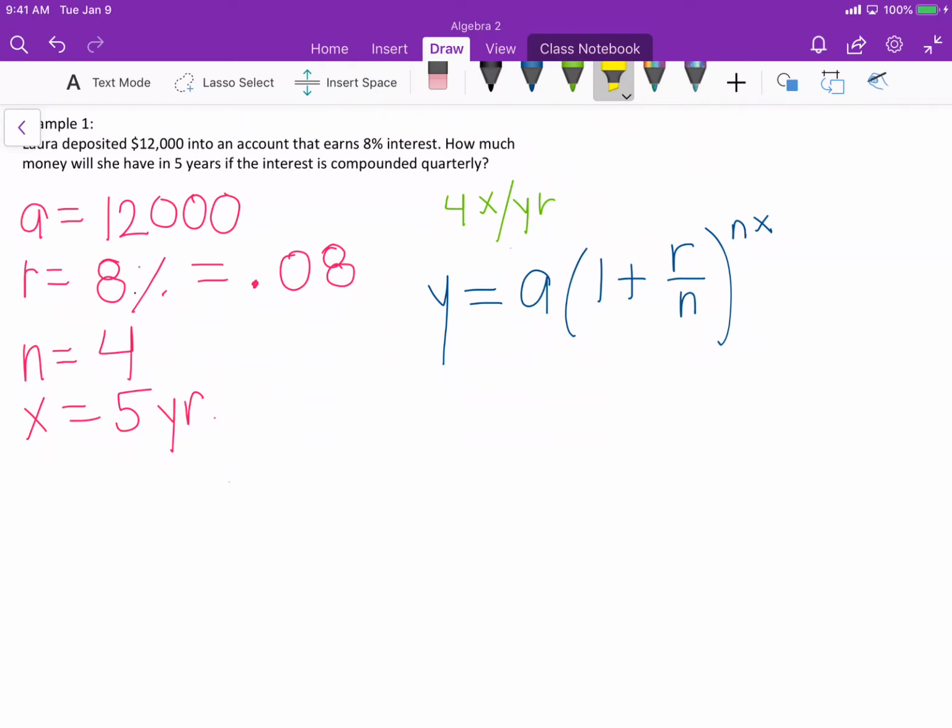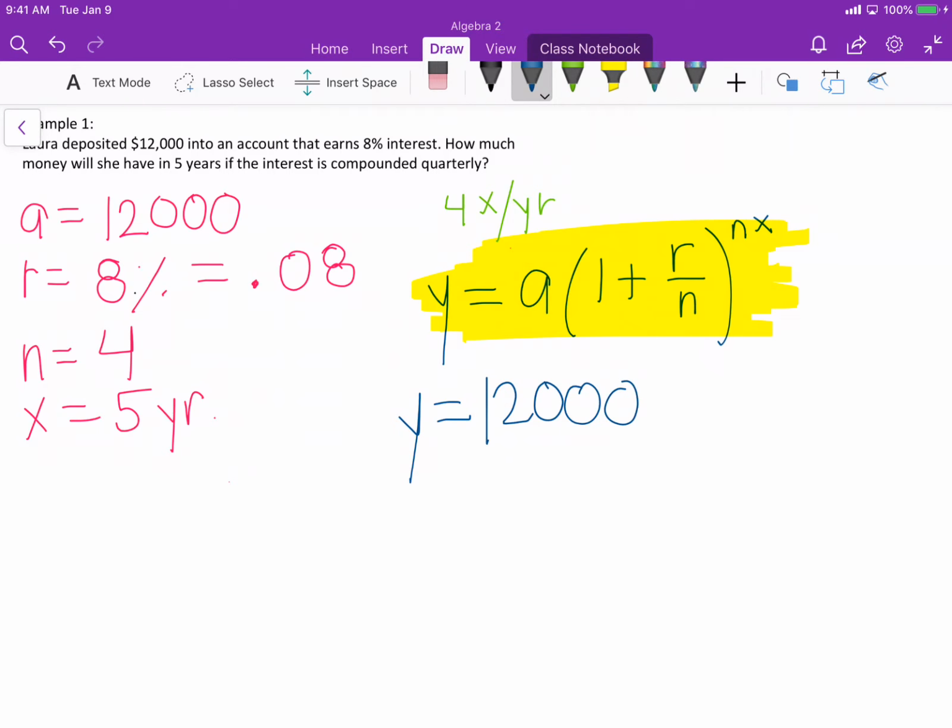As a reminder, when we are working with compound interest exponential equations, this is the formula we want to use. So now that we have identified our variables, let's substitute them into our equation. y is going to be equal to my a value, in this case 12,000, multiplied by 1 plus r divided by n.